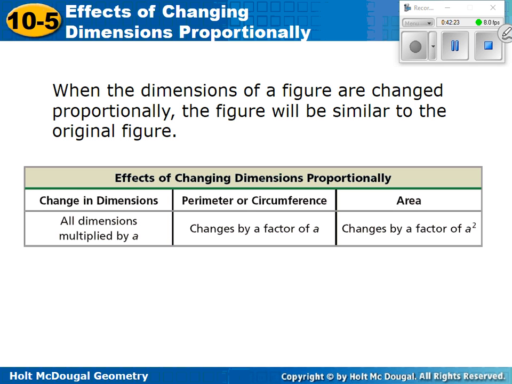So if all dimensions get changed by A, where A in this case is 3, then the perimeter or circumference will be changed by a factor of 3, and the area will be changed by a factor of 3 squared, and 3 squared is 9. So the answer here would be the perimeter is multiplied by 3, the area is multiplied by 9.